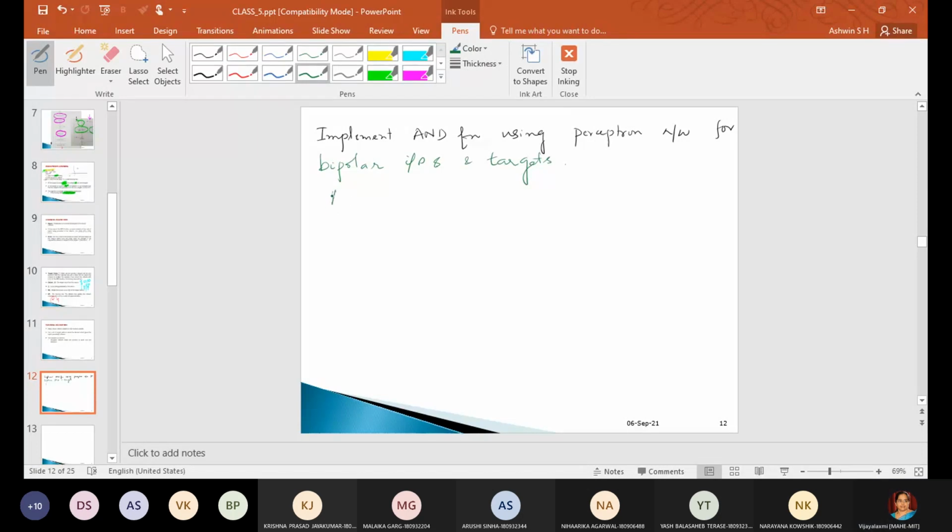Assume W1 is equal to W2 is equal to B is equal to 0 initially.